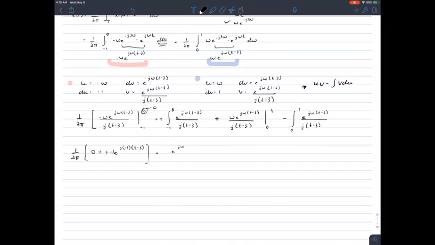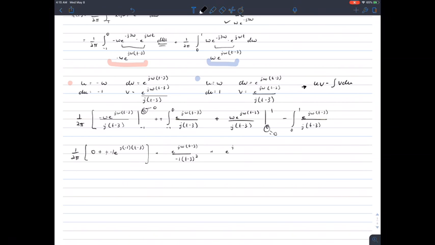Plus e to the j omega (t minus 3) all over j squared, which is negative 1, times (t minus 3) squared. Plus, this is going to give us a 0.